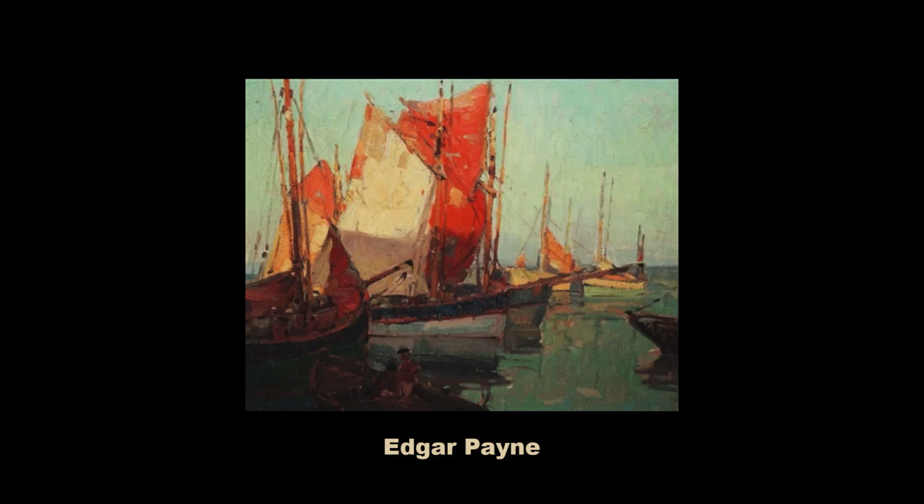Edgar Payne also is a great example of someone who will take motifs and run with them, taking his motifs that he repeats over and over again, his mountain paintings, his desert paintings, the paintings of these boats in France, paintings of the ocean, and how he uses those only as a departure point to come up with interesting abstract design.